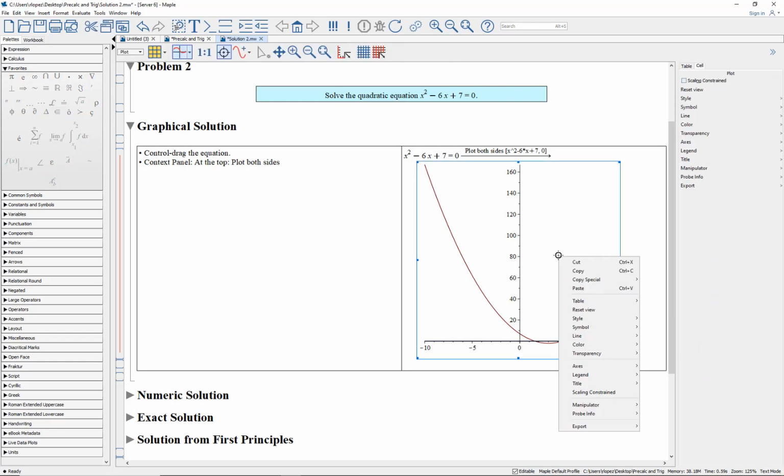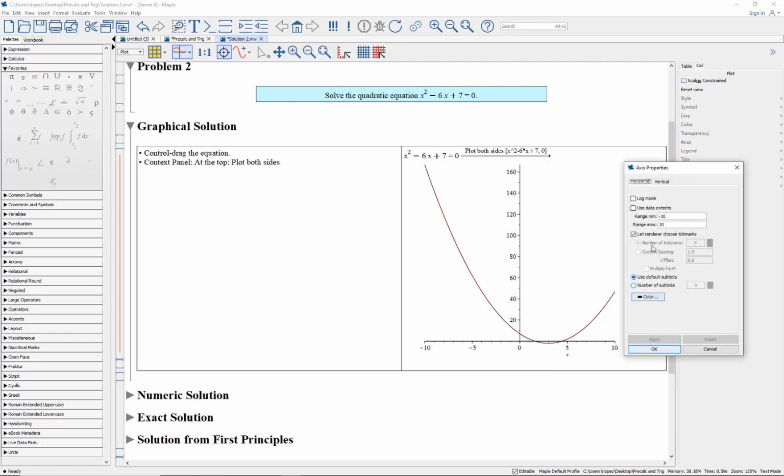So right click, pick axes, properties. So instead of going from -10 to 10, let's try 0 to 5 and see what that does. And also notice, because of the -10, we're way up here at 160. We should make an adjustment to the vertical axis.